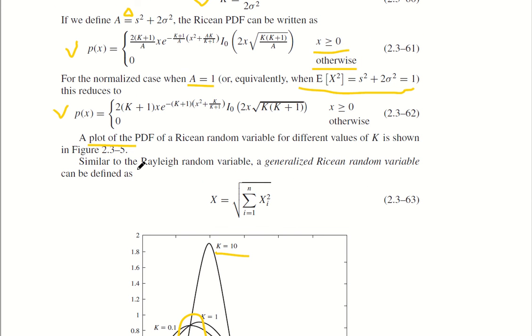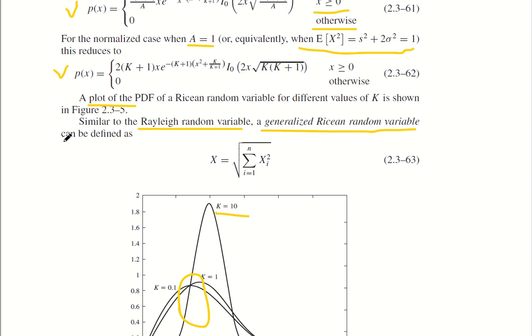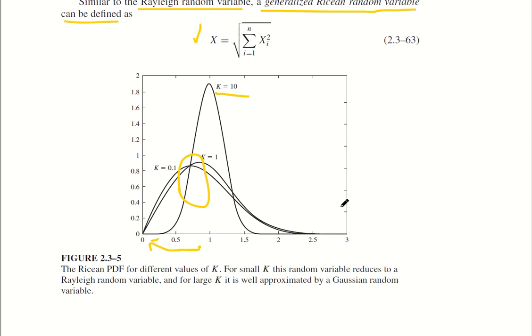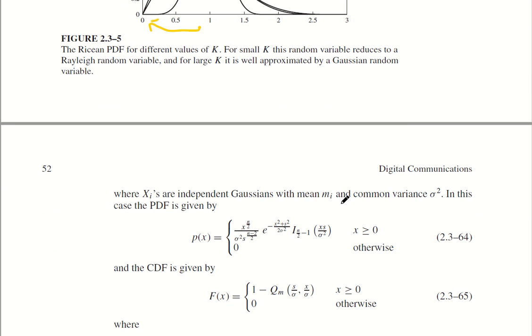Similar to Rayleigh random variables, a generalized Rician random variable is defined as x equal to the square root of the summation of xi squared, where the xi are independent Gaussian with mean mi and common variance sigma squared.